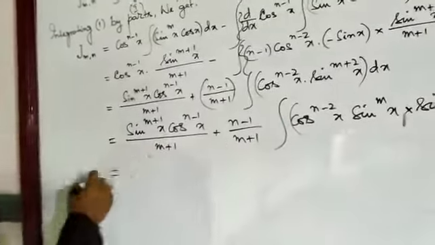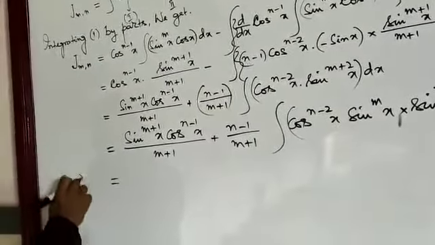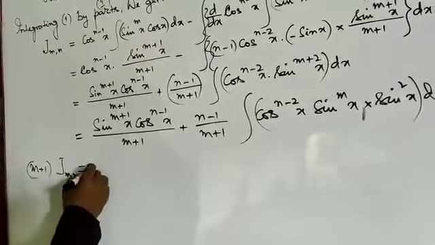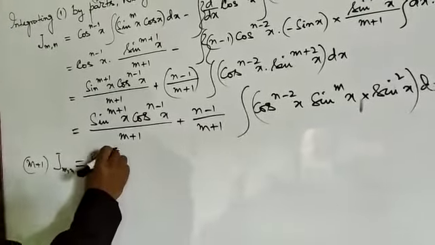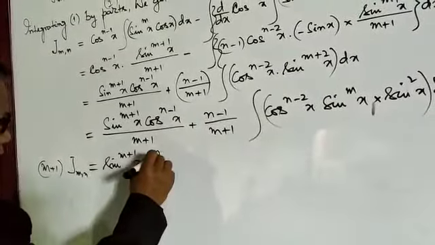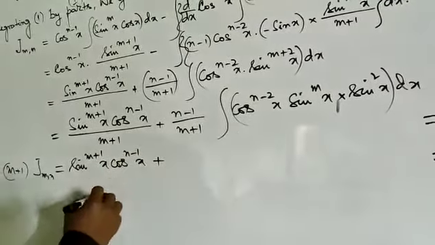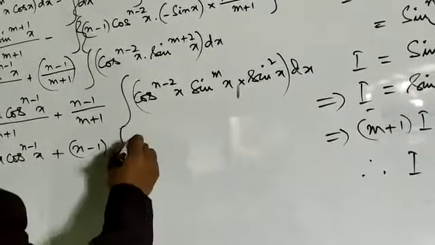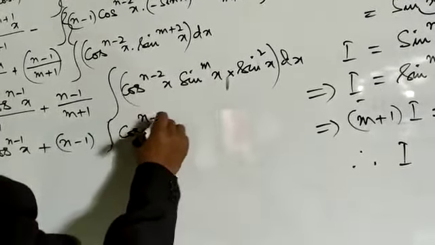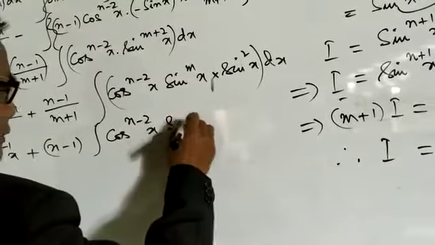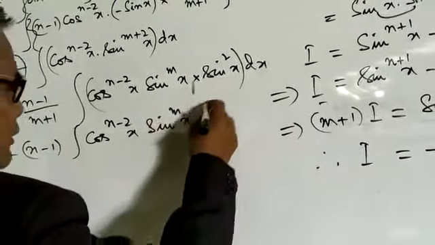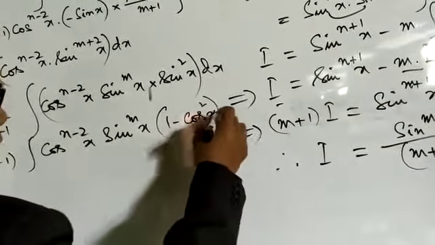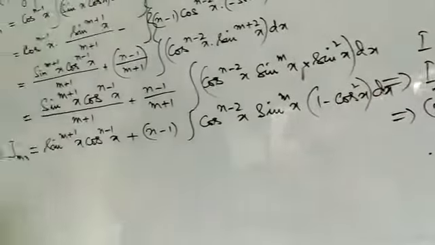So now m plus 1 taken common. So this will be m plus 1 into j of m, n, plus here it is n minus 1 into cos of n minus 2 x. Sine square means by the identity, this will be cos square x, all dx.